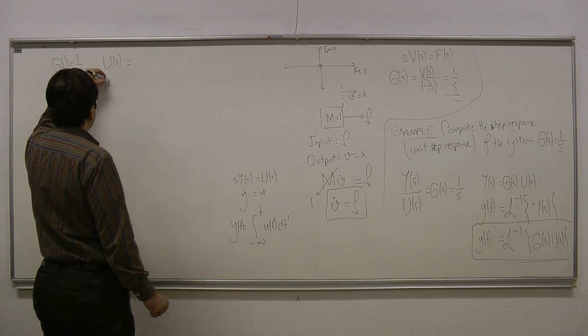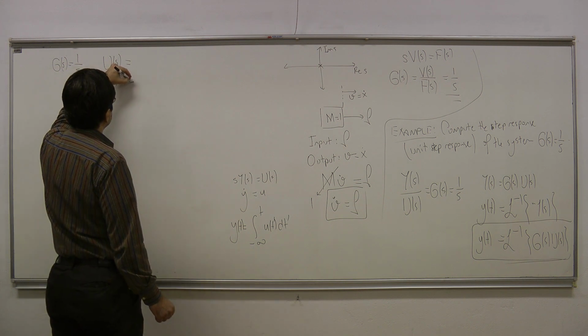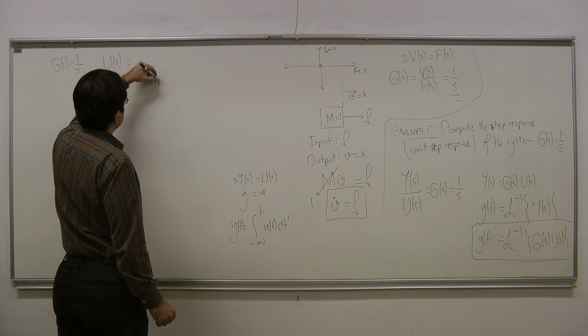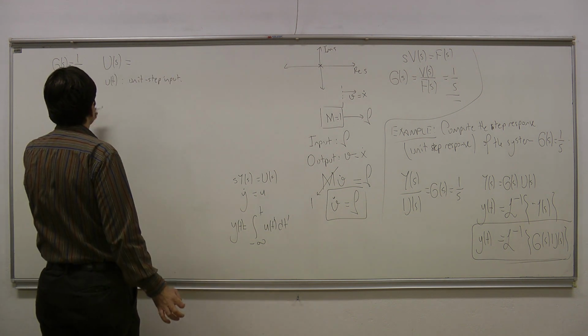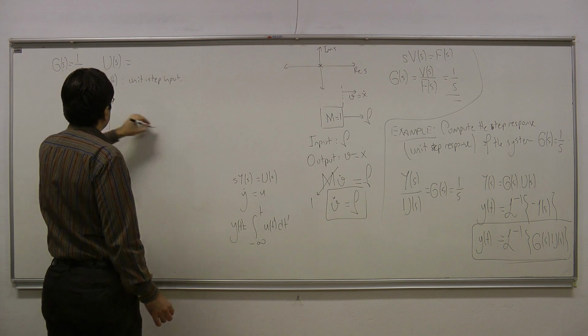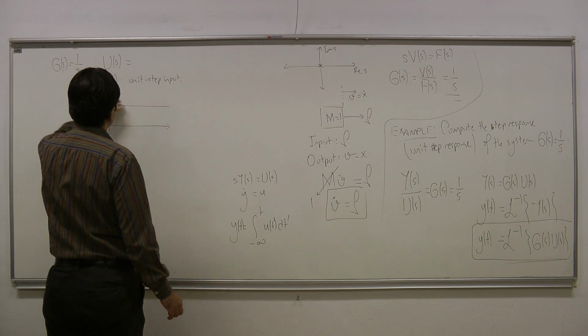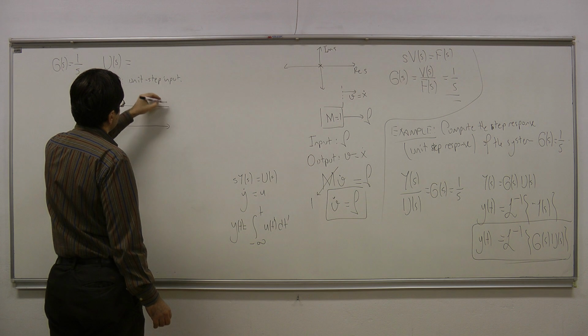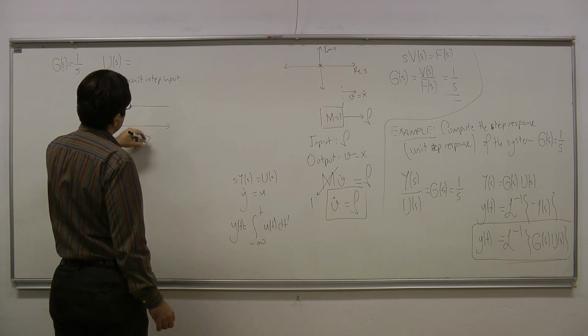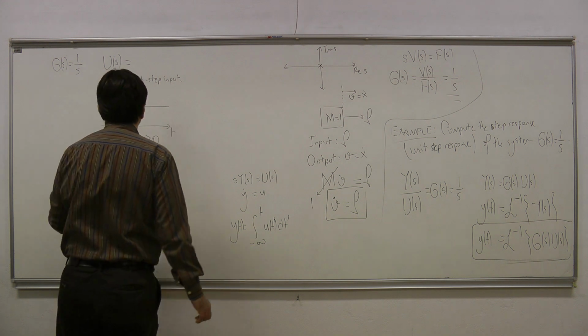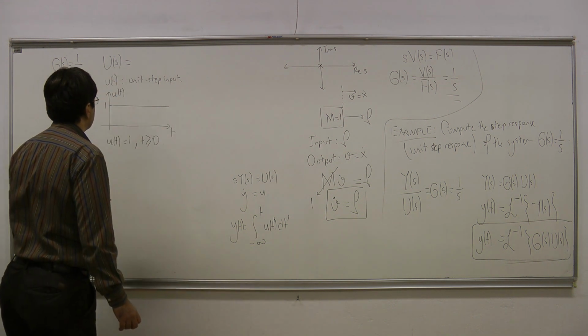In this case, I know that u of t is the unit step input. This means that my input is equal to 1 for t larger than or equal to 0. That is my unit step input.